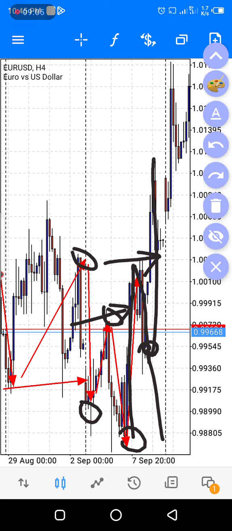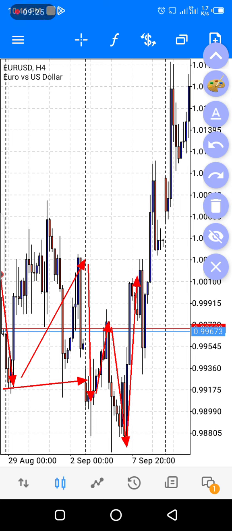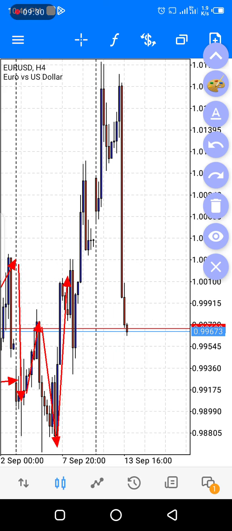Instead, it has changed direction. This time it didn't create a double bottom, but instead it created a higher low to break the price to the upside. So it came back like a little retest, then went up, breaking this structure. So that is how market structure is.